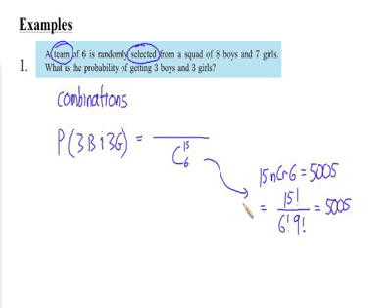So we found the total number of possible ways to get 6 people from a group of 15. But now we have to look at selecting only 3 girls and 3 boys. So remember, I have 8 boys to choose from, and I'm going to take 3 of them. This is one combination. And using the product principle, I'm going to multiply that by the number of different combinations for choosing 3 girls out of 7.